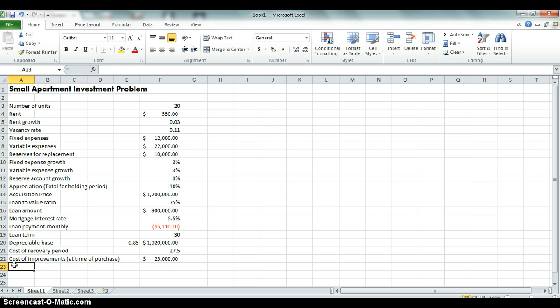Then we have some tax rates. The investor's tax rate on income, the tax rate on capital gain, we also have the tax rate on capital gain on the depreciation taken.